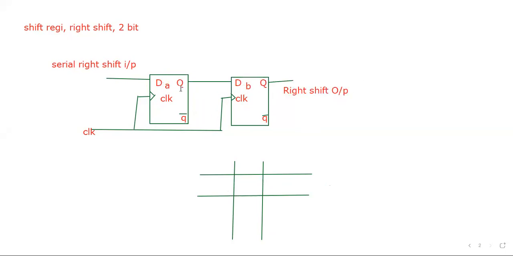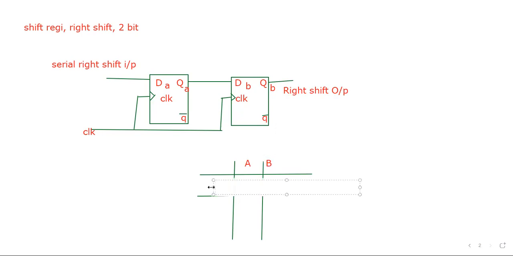So this is QA and here this is QB. Understand? And this is also QA, Q bar A and Q bar B. So here we can write A and next is B. And here it is serial in, serial out.